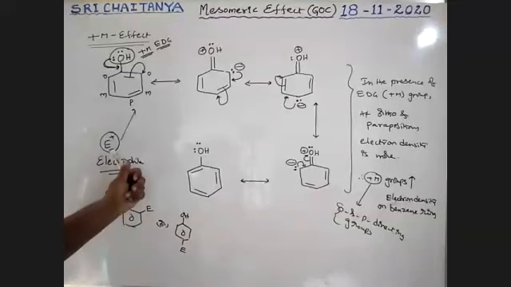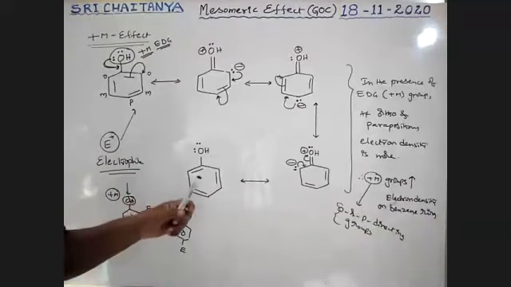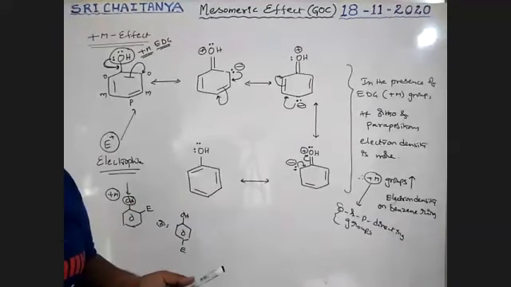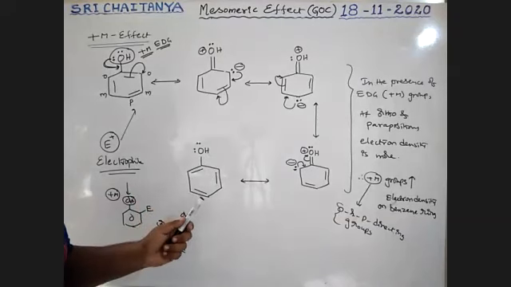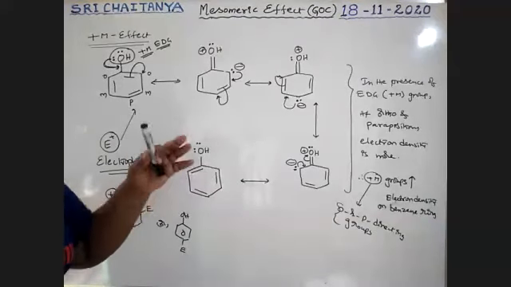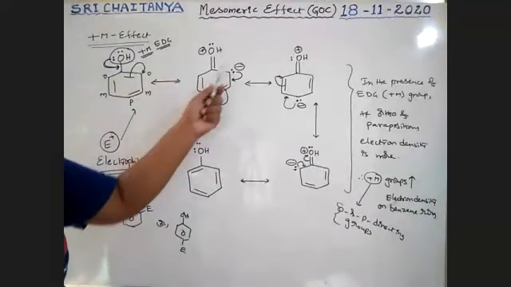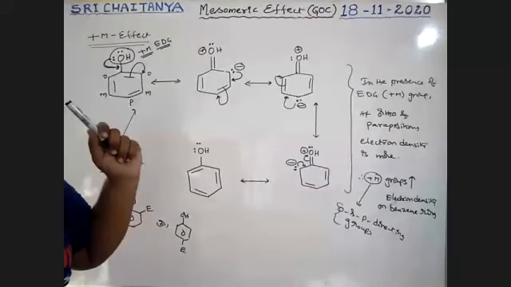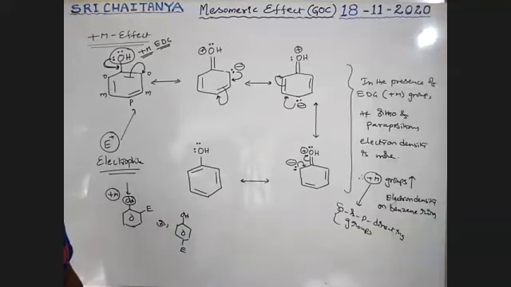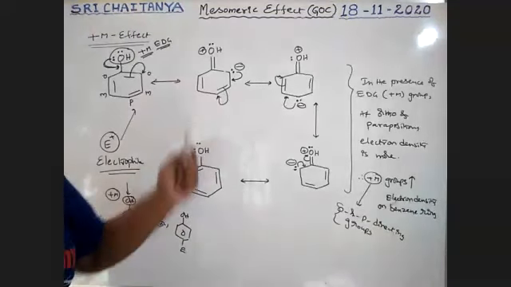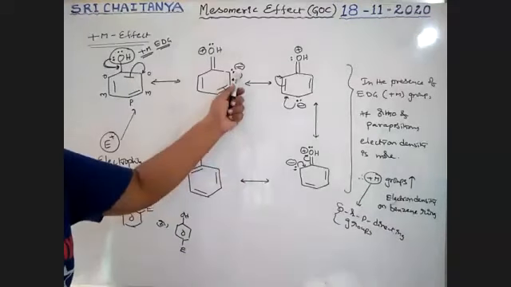So an electrophile is nothing but a positively charged species. If a positively charged species tries to attack the benzene nucleus, the attack is comfortable at ortho or para positions. That means maybe 50% ortho product, 50% para product, because at ortho and para positions there is more electron density.